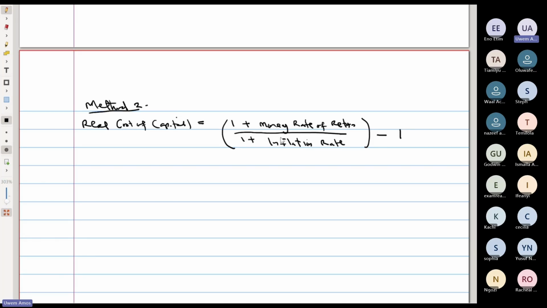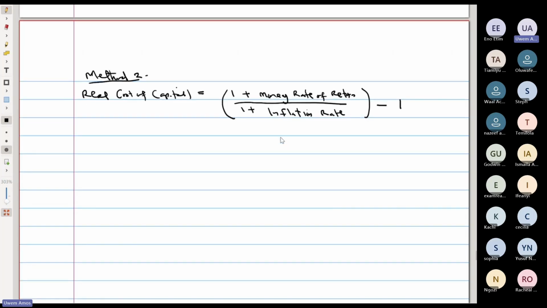Or alternatively, maybe I just write a reworked formula for that, which also works. If you have the money rate of return and you're trying to find the real rate of return, you use the first formula. If you solve that formula, it gives you 1 plus the money rate of return is equal to 1 plus the real rate, times 1 plus the inflation rate.